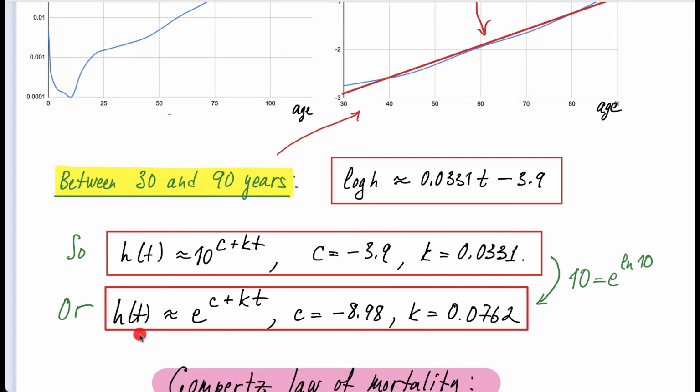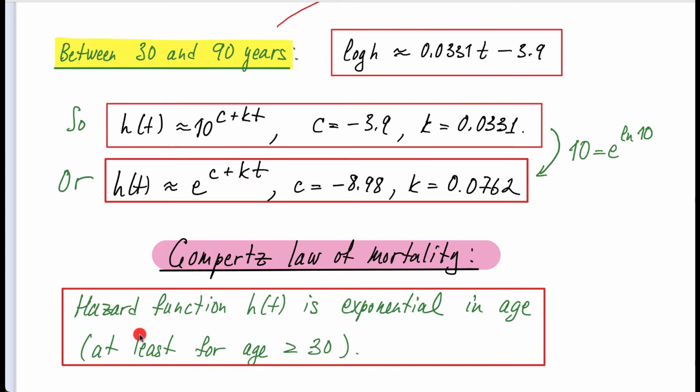And what the Gompertz law of mortality tells us is exactly what we observed above, that this hazard function, or the death probability, is growing exponentially in age, at least after a certain age, in this case after the age of 30.